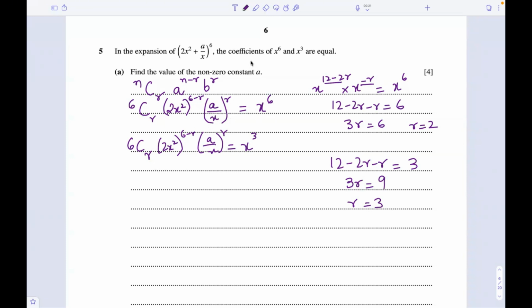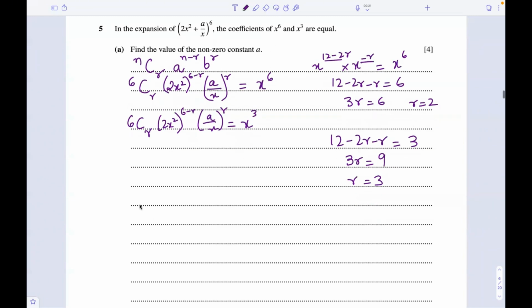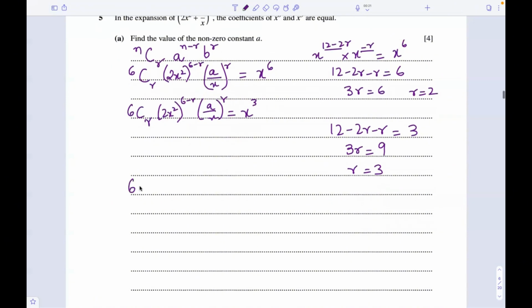And then as the coefficients are equal, we can simply equate them. So we write 6C2, 2x squared to the power 6 minus 2, a upon x to the power 2, is equal to 6C3, 2x squared to the power 6 minus 3, into a upon x to the power 3.